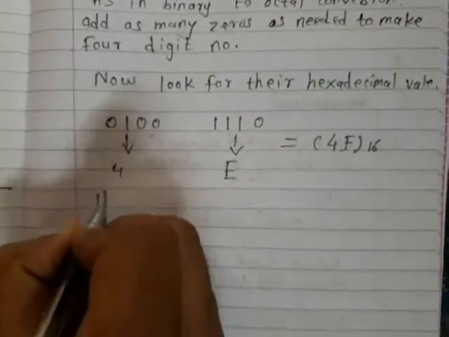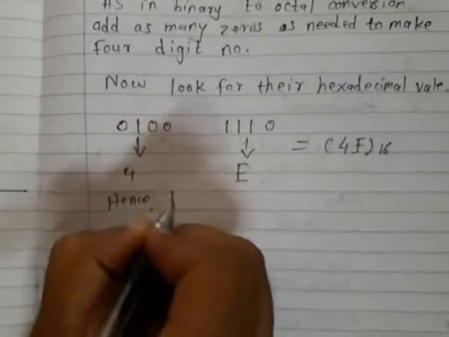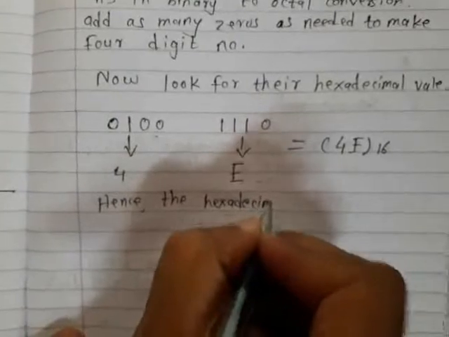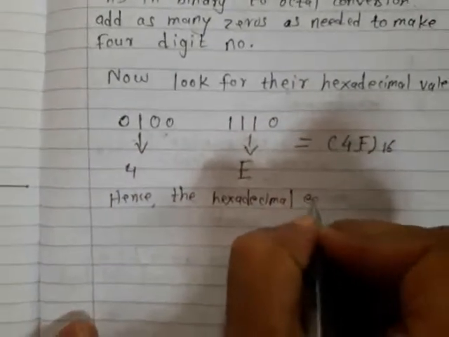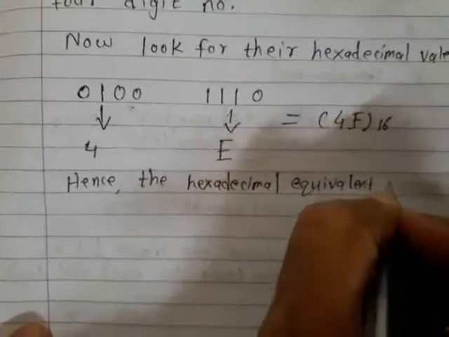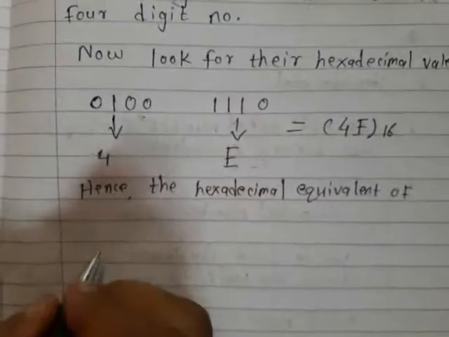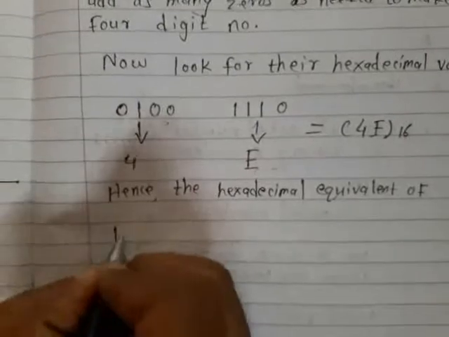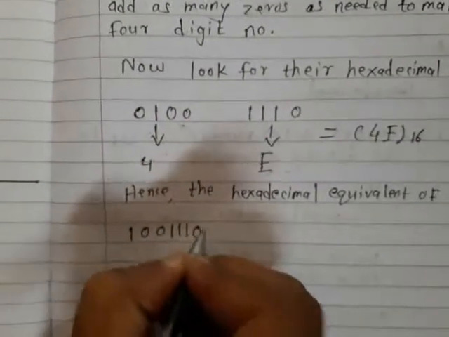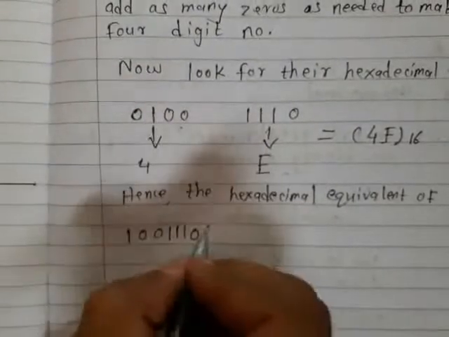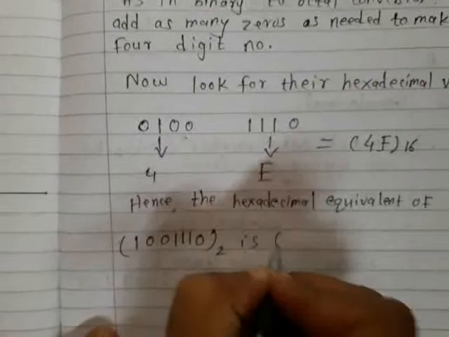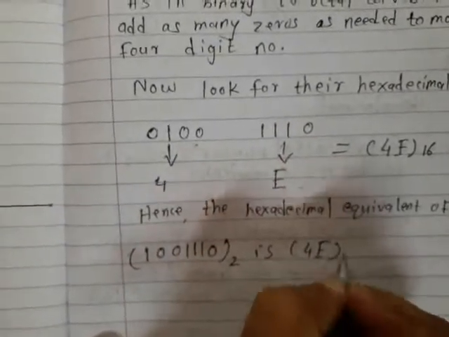Hence, now see here student, hence the hexadecimal equivalent of 100110, we have removed this 0, base 2 is 4E base 16.